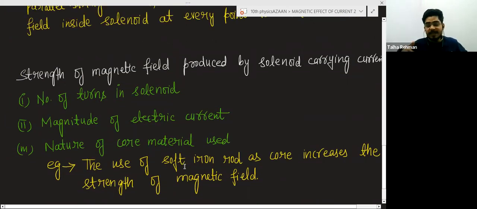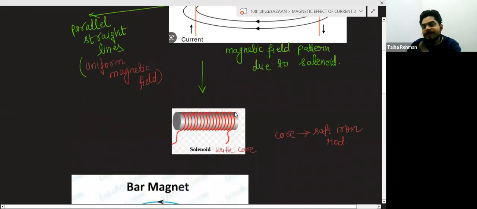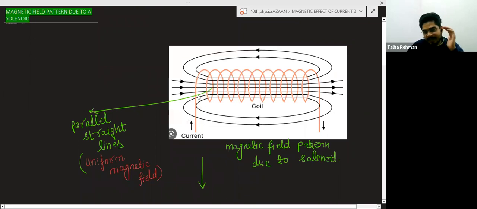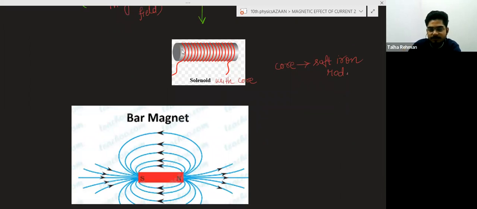If you use a different core material, the magnetic field produced by the solenoid will be different. For example, if you are using a steel core, the magnetic field will be somewhat less as compared to the soft iron core.